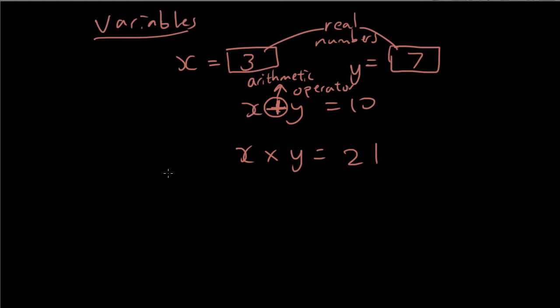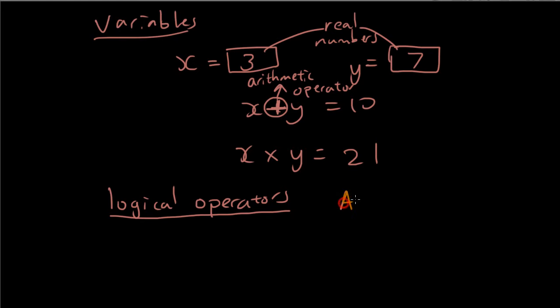Those are arithmetic operators. Today we're going to introduce logical operators. Instead of plus and times and minus and divide, which are arithmetic operators, logical operators are AND, OR, XOR, or NOT.